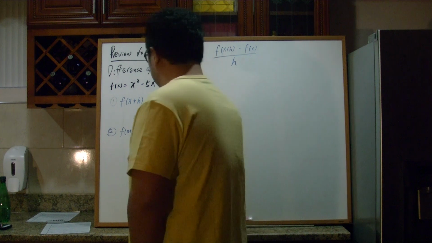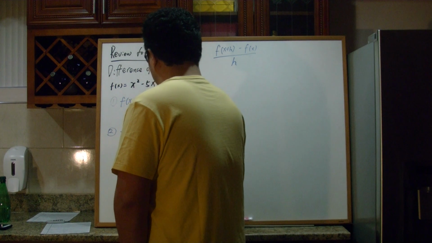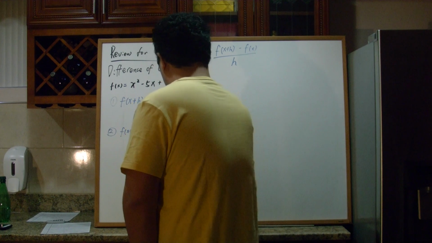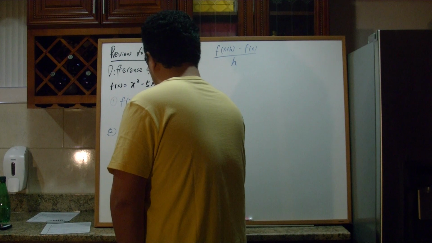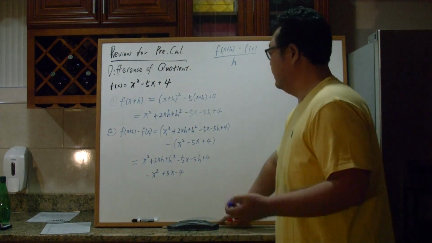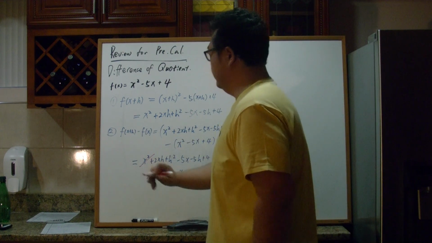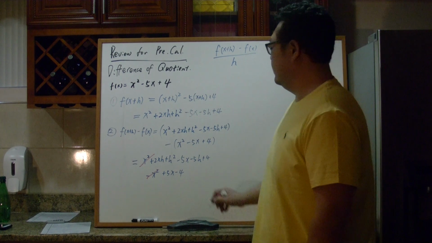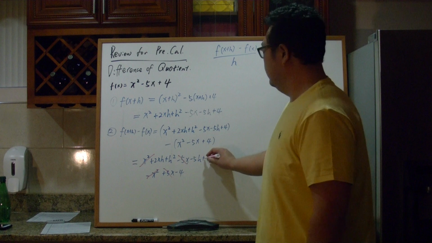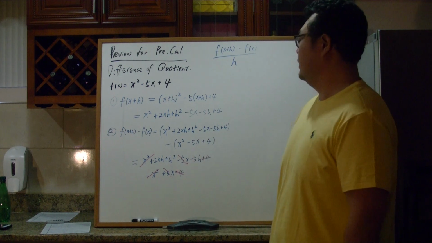Right? x squared plus 2xh, minus x squared plus 5x minus 4. So we figure out from this step that the x squared cancelled out, negative 5x cancels out with positive 5x, and positive 4 cancels with a negative 4.